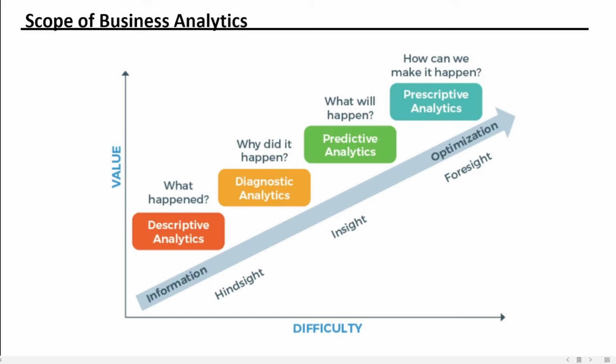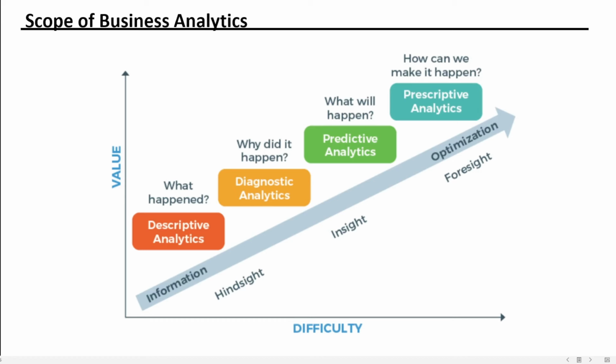Foresight is about predicting the future, which calls for predictive analytics. And of course, when you combine these three, it's used to prescribe the proper actions that managers can use to improve their business operations. Okay?